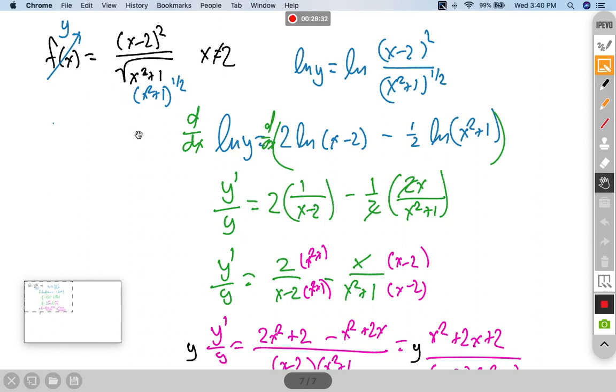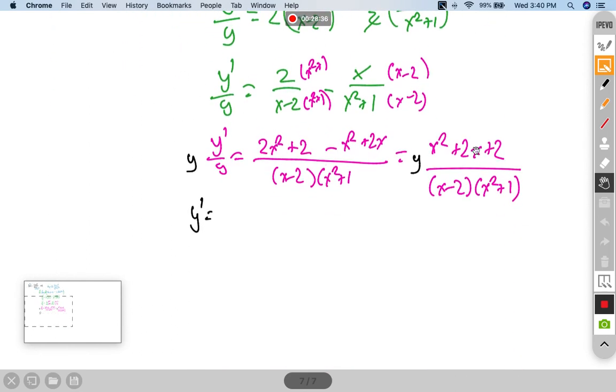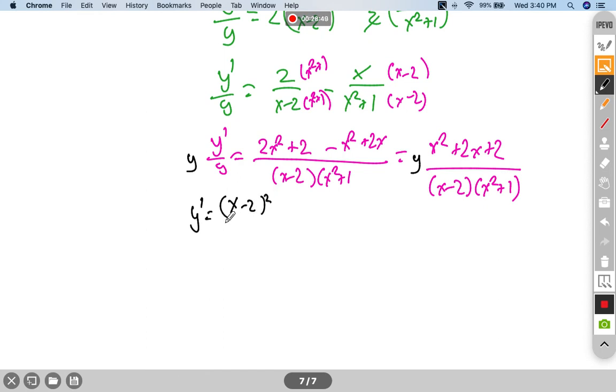Y is this x minus 2 squared over the square root of x squared plus 1. I forgot what that was already. I'll look at my paper. X minus 2 squared over x squared plus 1 to the 1/2.